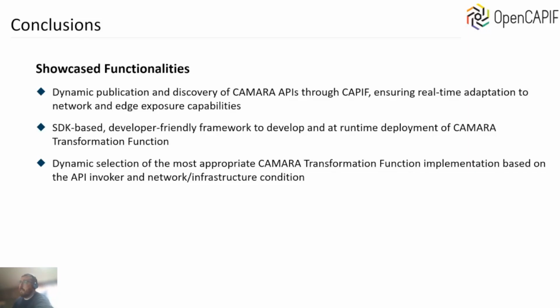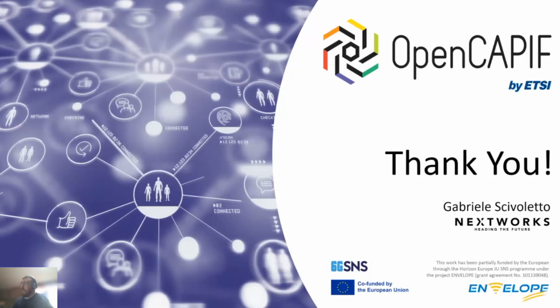We are proposing a developer-friendly SDK to develop these transformation functions and the logic to select transformation functions at the level of the API gateway. And again, the dynamic selection of the most appropriate CAMARA transformation functions based on the network condition, API invoker, and so on. Okay, thank you. I'm here to answer your questions, if any.